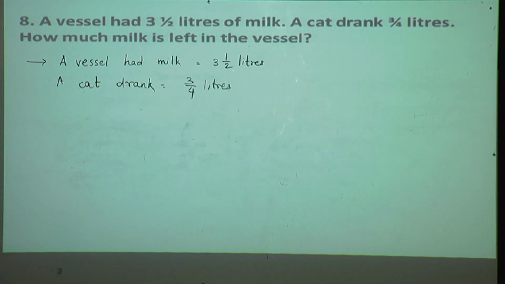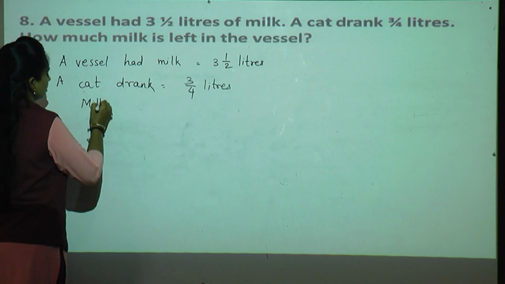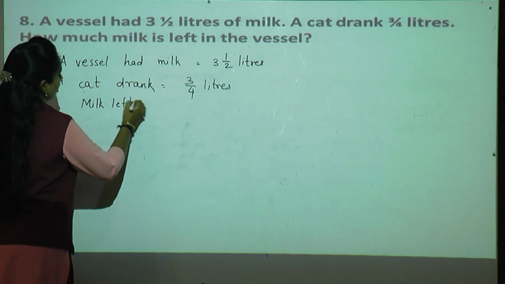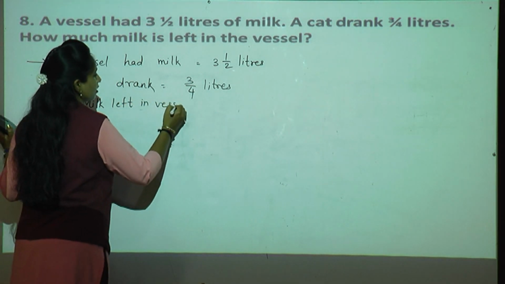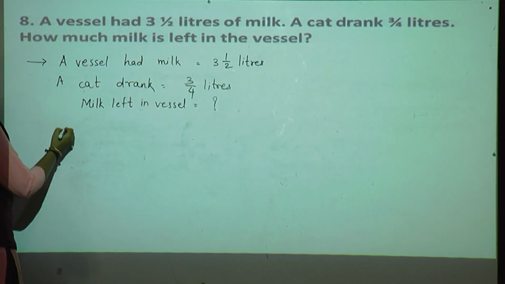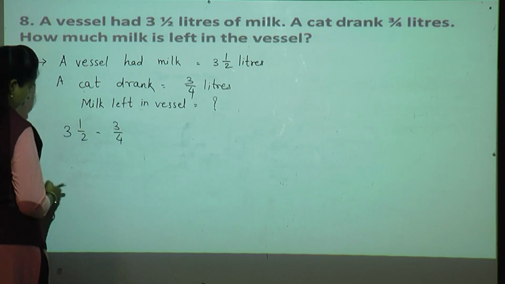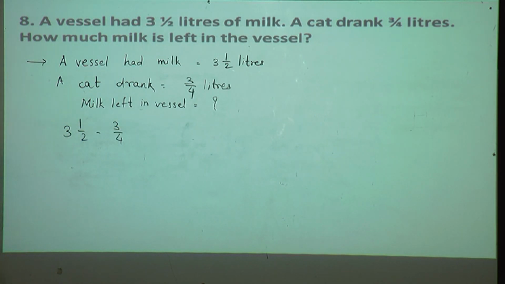So what we have to find out? How much milk is left in the vessel? Milk left in vessel is equals to question mark. So 3 1/2 minus 3/4, isn't it? So we have to find this with subtraction.